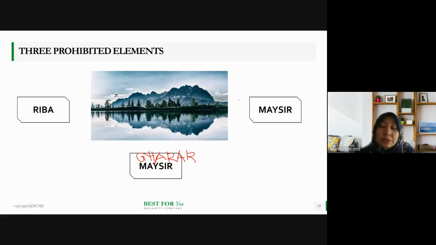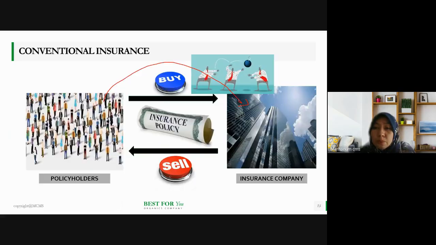Okay, so in conventional insurance, which part of gambling happens? When the policyholder buys the insurance policy, they hold it 1 year, 2 years, 3 years, just waiting to see if anything happens to themselves.